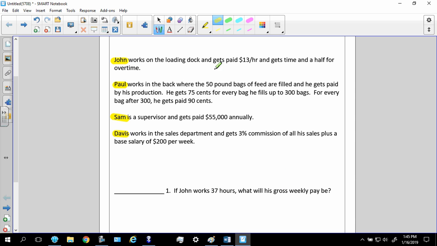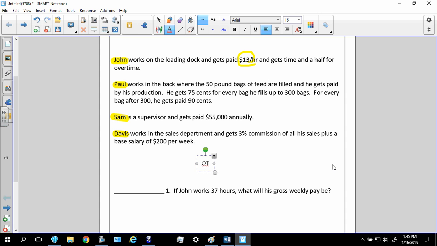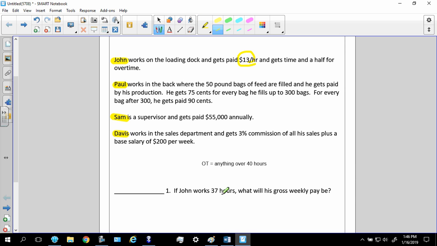All right, so looking at John, notice that he gets paid $13 an hour. If you remember, overtime equals anything over 40 hours. Now, John here only worked 37 hours, so that means everything is just regular time.